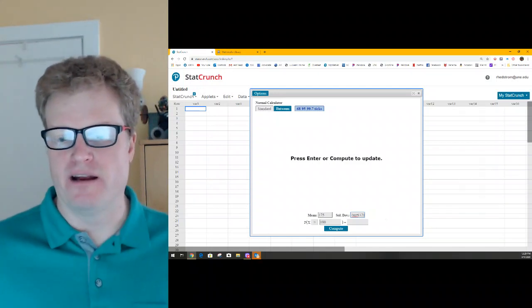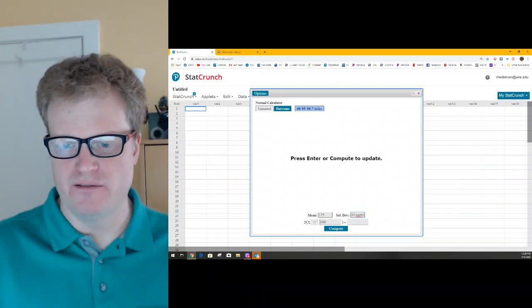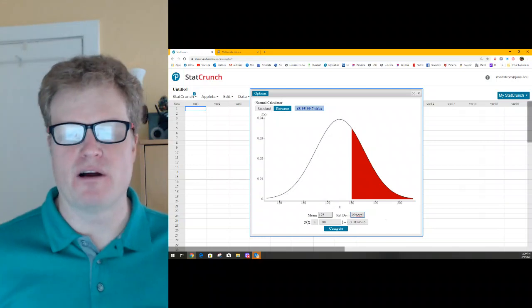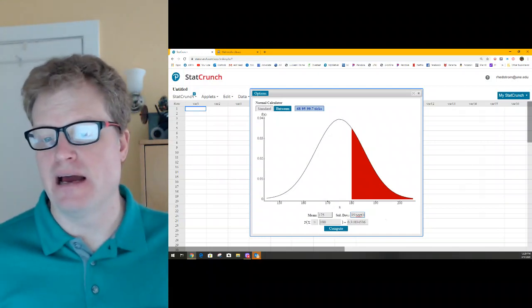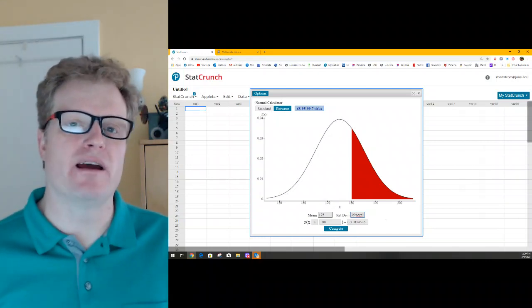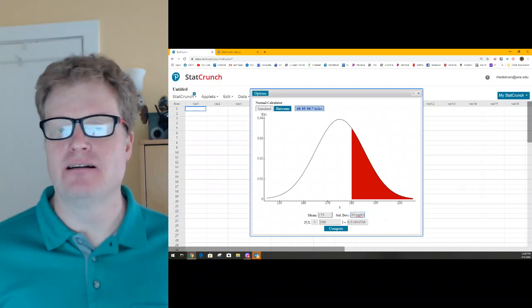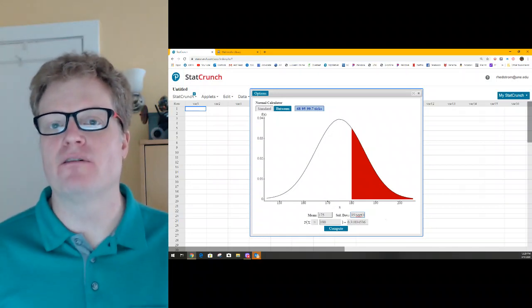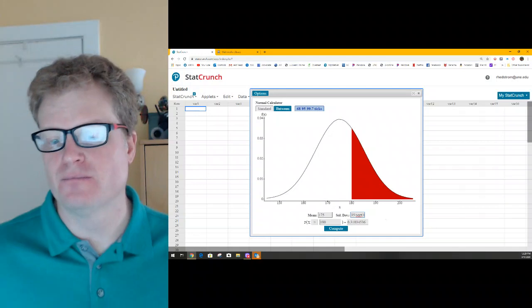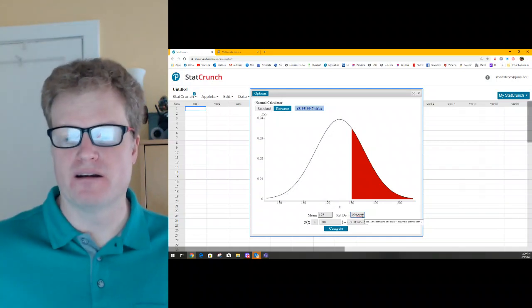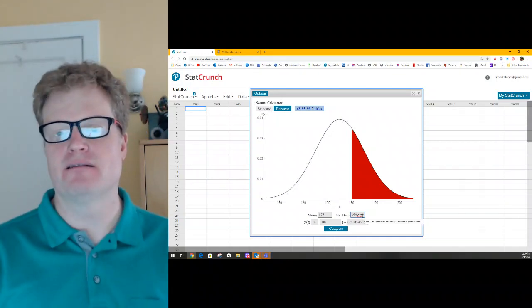Now I'm going to put in divide by the square root of 12. I'm going to get a different probability. It's going to be less. And the reason why is because those means tend to have less variation. And so this square root part tells us that it's going to be less variation.